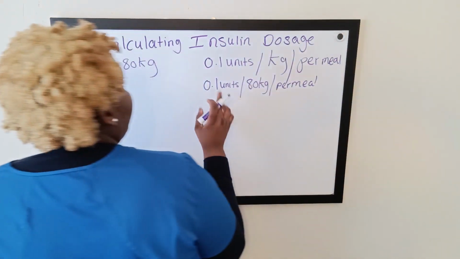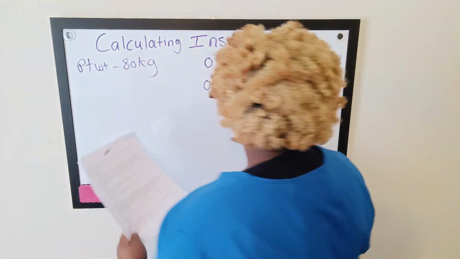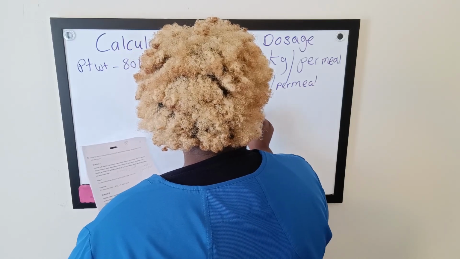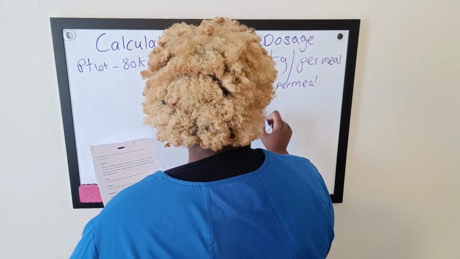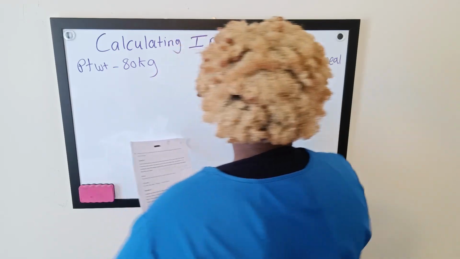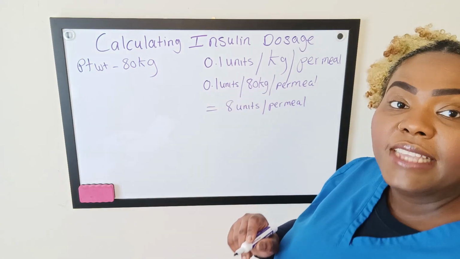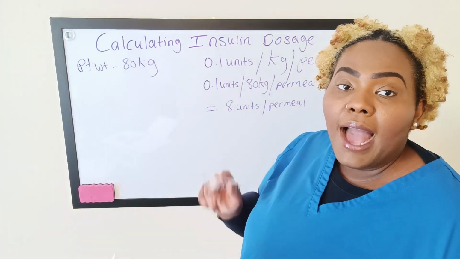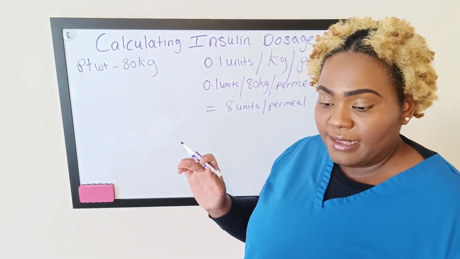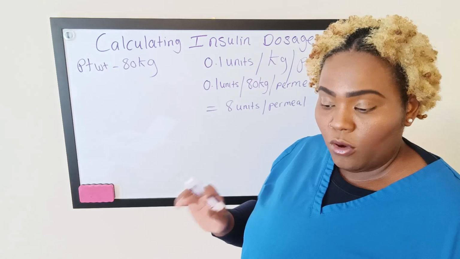Okay, because we're giving them 0.1 unit for every kg that they weigh, which will give us 8 units per meal. So we'll be giving our patient 8 units per meal as a bolus on top of the 10 units per day that they get as a basal insulin coverage. Okay, hope that was understanding.